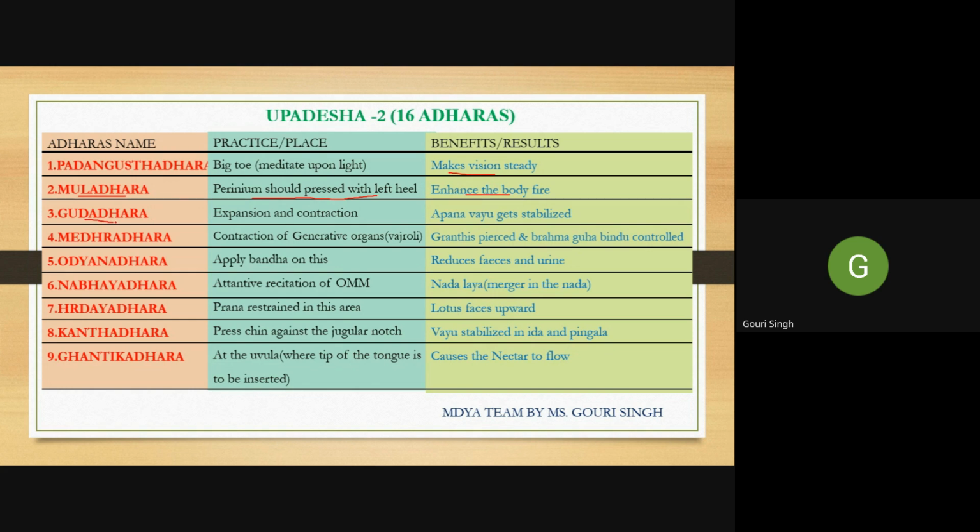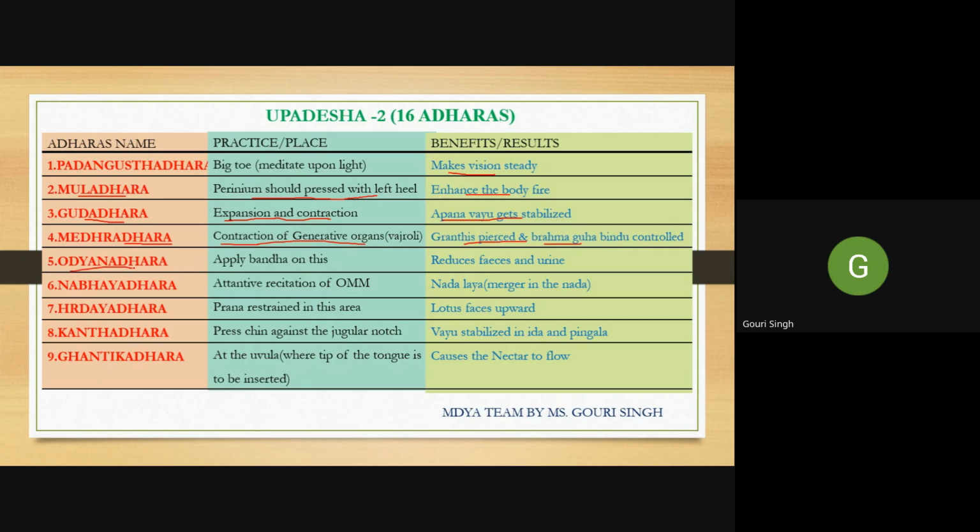Then the Guda Adhara: you have to do the movement of expansion and contraction, so that apana vayu gets stabilized in that area. Then Medha Adhara: contraction of the generative organs, or the Vajroli Kriya, you need to perform here, so that granthis will be perceived and Brahma Guha Bindu will be controlled.